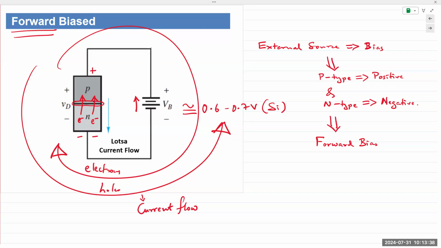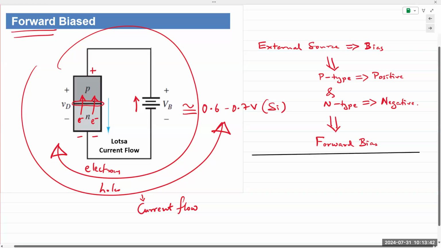One important point I'd like to make is this. The current flow is due to both holes and electrons, or electrons and holes, however we wish to state.